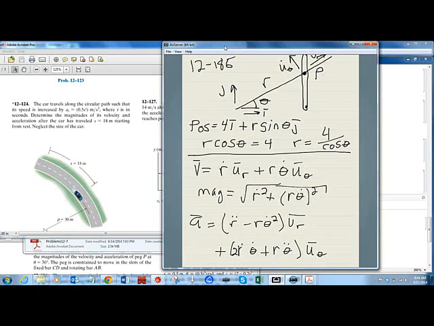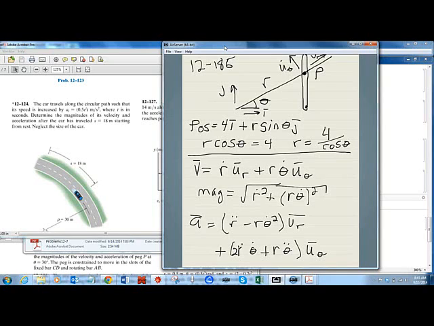Okay, so let's see. They want the velocity. Let's go and see if we can find the velocity. The acceleration along the tangent is equal to the time rate of change of velocity or speed. If you look at just the tangent going around that circle, tangent acceleration is the derivative of the velocity. You remember that?